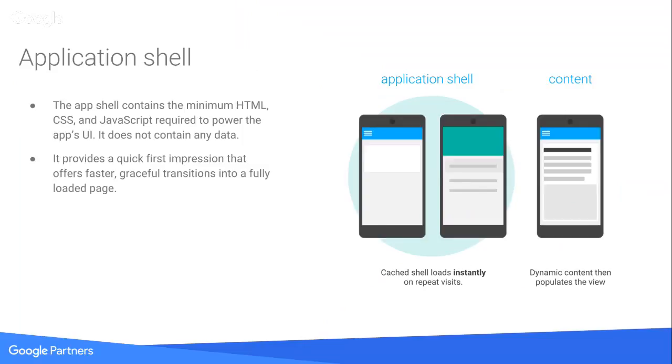The progressive web app's application shell contains the minimum HTML, CSS, and JavaScript required to power the app's user interface. It contains no data, represents the infrastructure and user interface of the app, and is pulled once and then cached by a service worker. This allows a faster loading time.